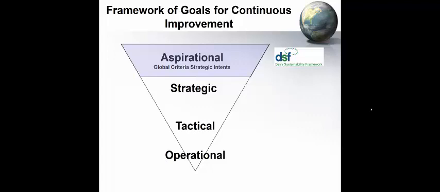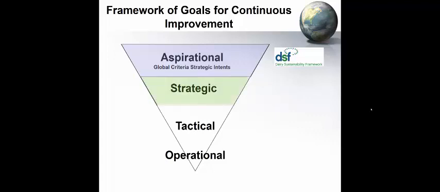These are the things that the DSF community has decided are the most important things to start with, and have decided this is the direction these measurements should move. Reducing greenhouse gas emissions, improving soil health, reducing negative impacts on workers, improving animal health. Those are directionally correct. Aspirational goals.